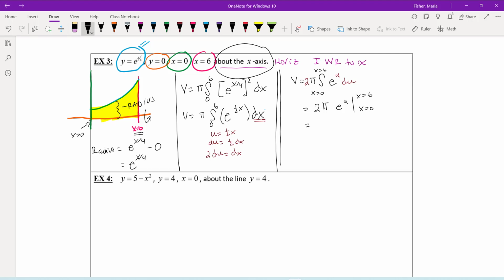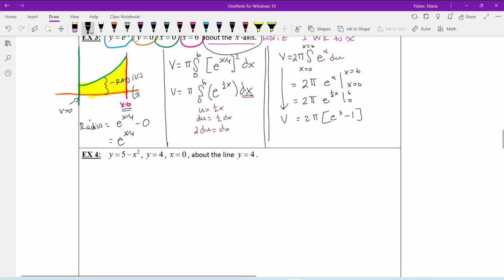Getting out of u's and back into x's, I have e raised to the 1/2 x, evaluated from 0 to 6. Plugging in a 6, e raised to the 1/2 times 6 is just going to be e to the 3rd. Plugging in a 0, e raised to the 1/2 times 0 is e to the 0, and that's just going to be 1. And so then my volume there is just 2 pi times e cubed minus 1.